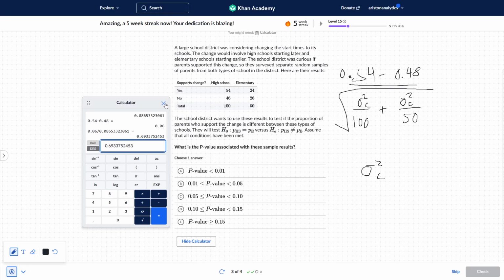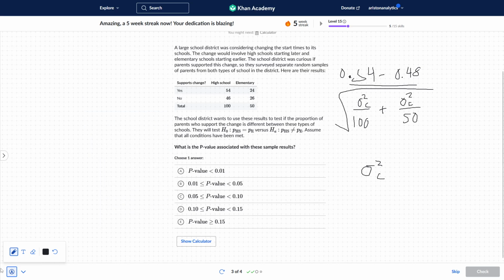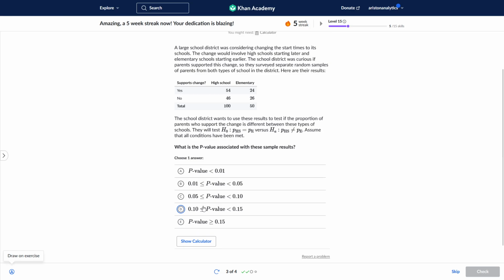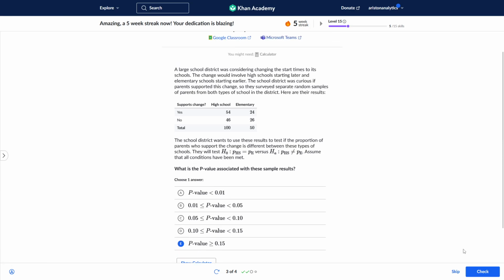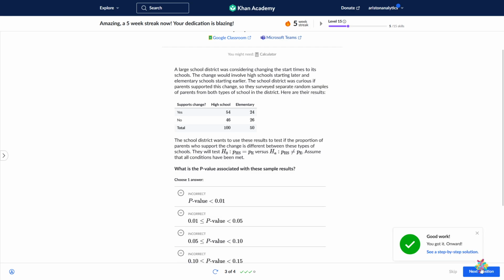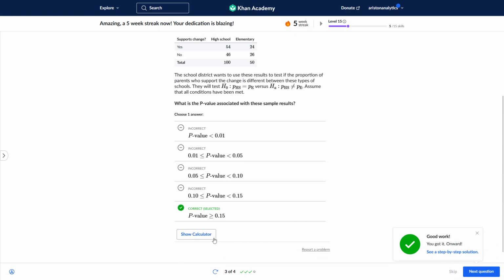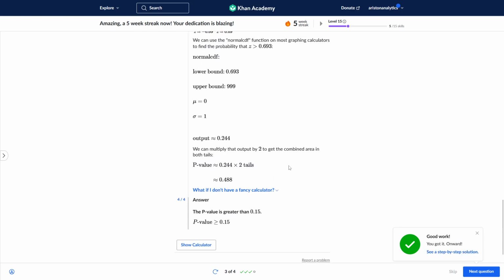0.49. I think this is wrong, but let's see. Huh, no, I was right.